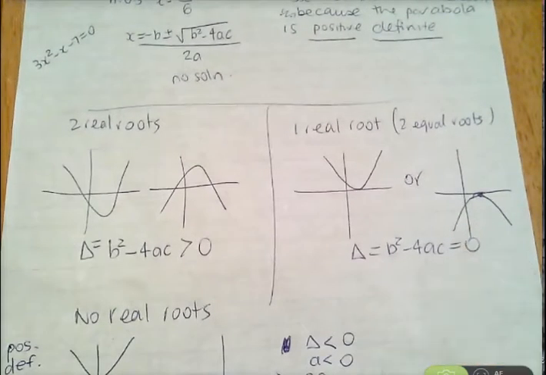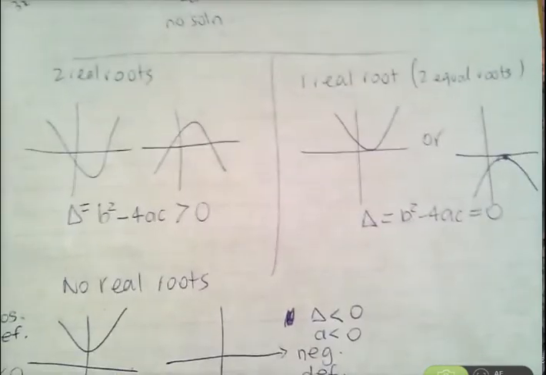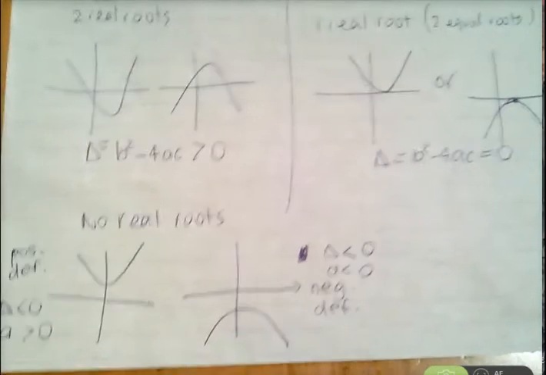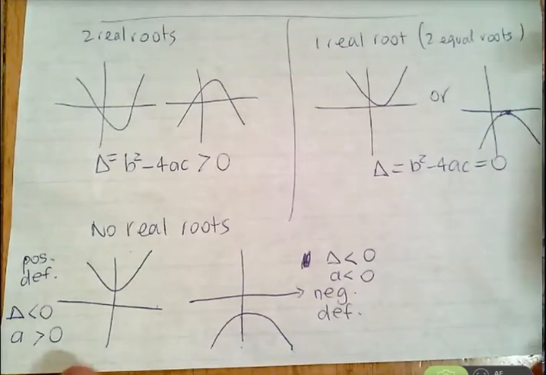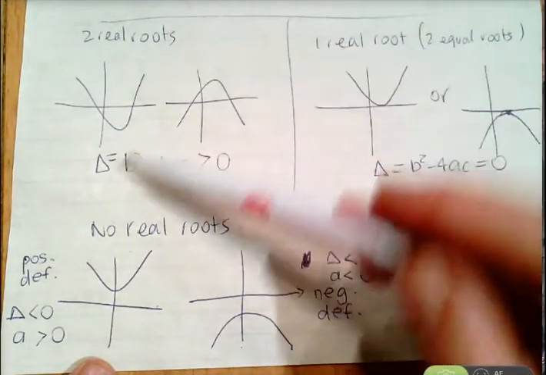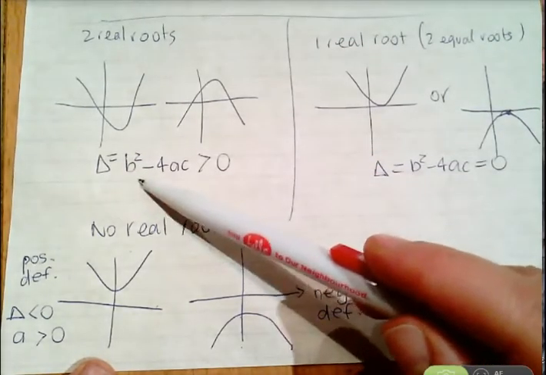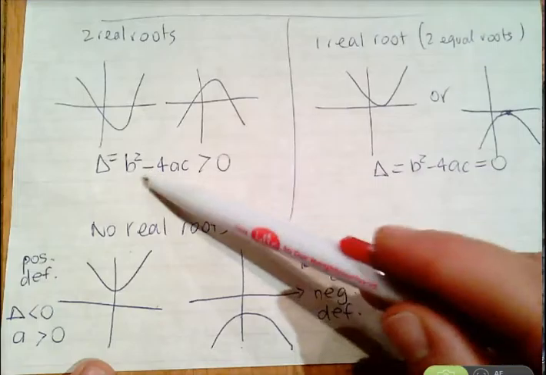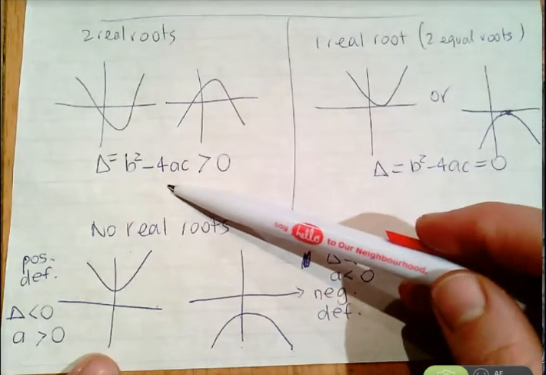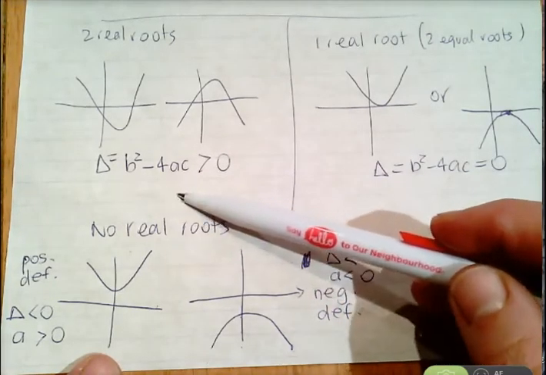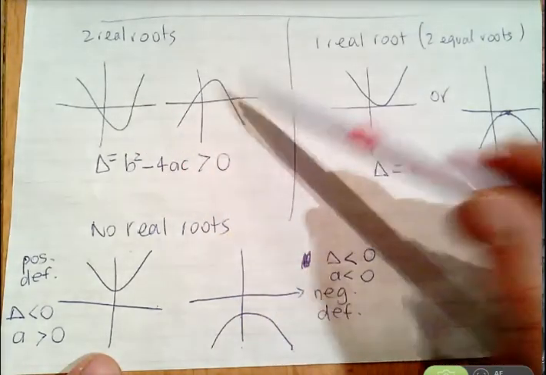And then what we did at the beginning of today's lesson, we just went over again all the different scenarios that you can get with the discriminant. So for 2 real roots, we know that the discriminant is positive. Now, if the discriminant is positive and the discriminant is a squared number, then the roots will also be rational.